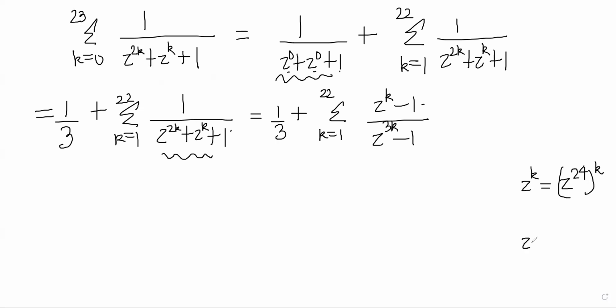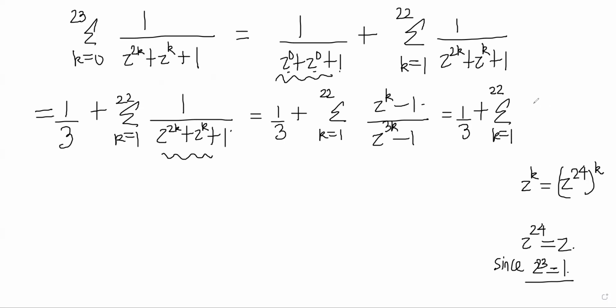Because z power 24 is equal to z, since z power 23 is equal to 1. So this top part we can write as 1 by 3 plus summation k goes from 1 to 22 of z power 24k minus 1 divided by z power 3k minus 1, right? Because z power 24k is the same as z power 3 z power k minus 1.